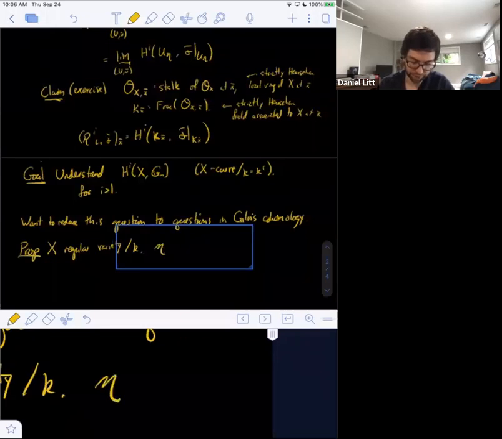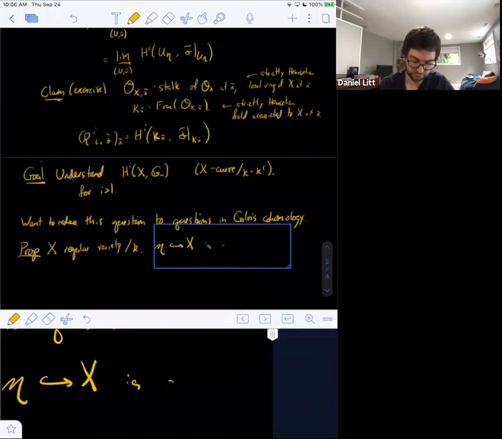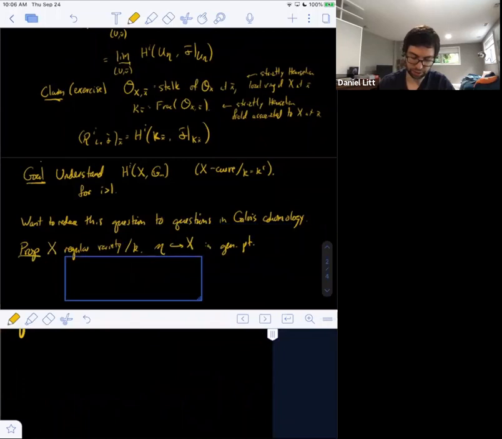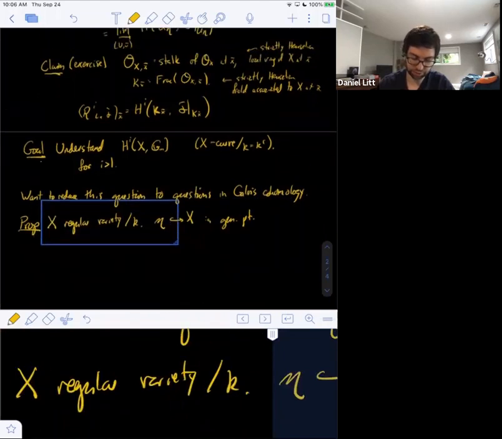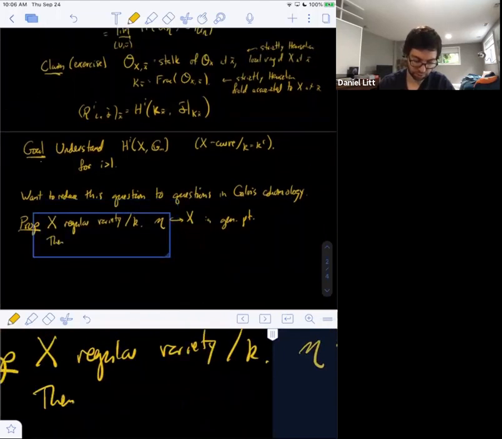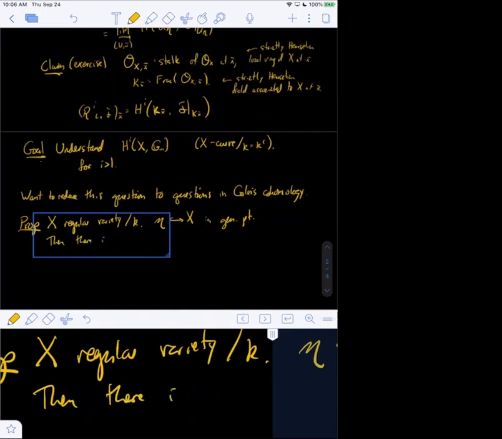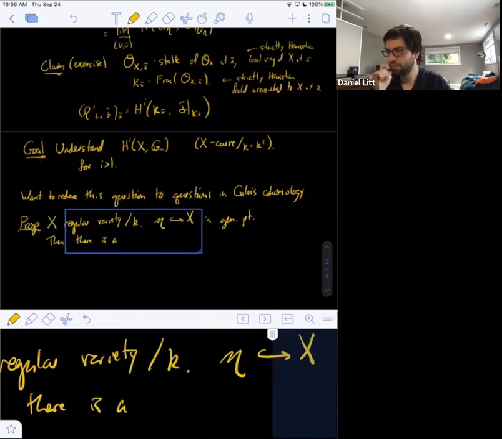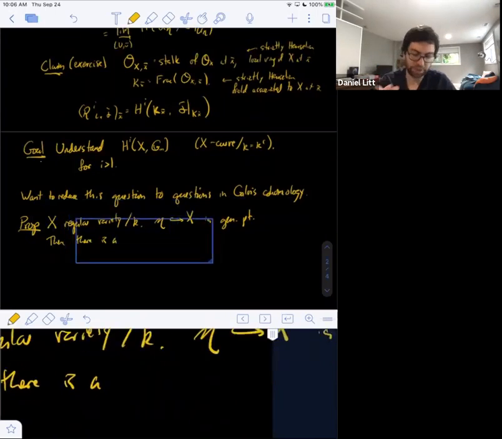And let's suppose that eta, including into X, is the generic point. Then there is... Is K algebraically closed here? Not necessarily, it could be.